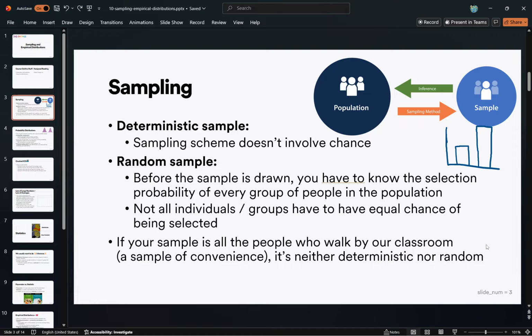You know that they probably live around here, and they either work here or go to school here, so it's not a perfectly random set of people. They all are linked to Clovis in a certain way. That's called a sample of convenience. It's not deterministic and it's not random. It's some weird combination that's neither.